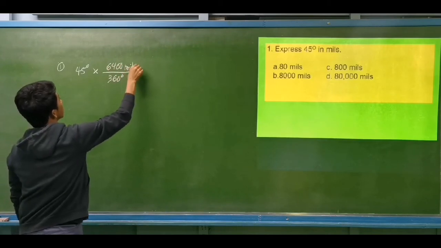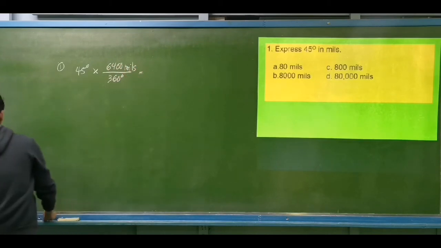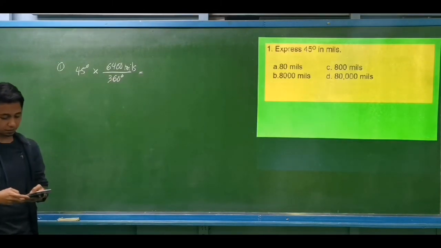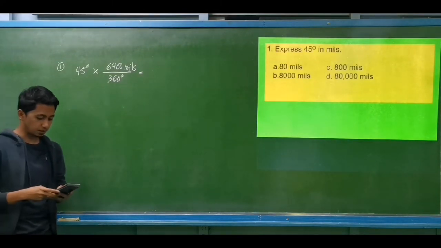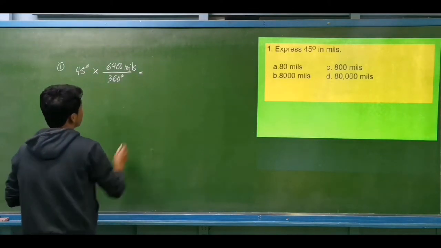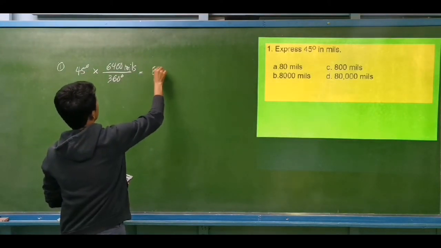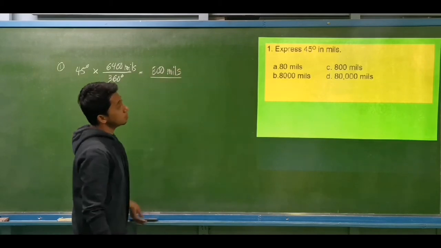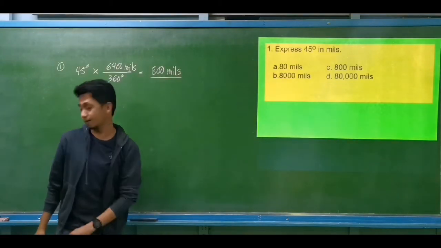So ano yung sagot natin dito? This is an easy question. We have 45 times 6,400 divided by 360. So ang sagot natin dito is equal to 800 mils. So ang sagot natin dyan for number 1 is letter C.